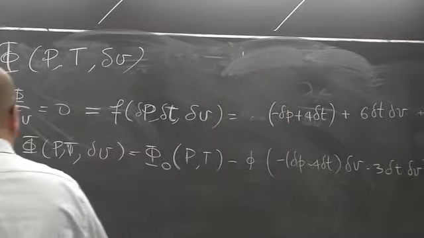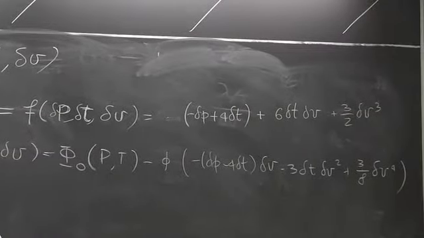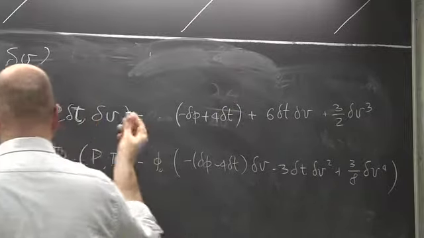Okay? Now let's take d phi by d delta V, and this is a constant.